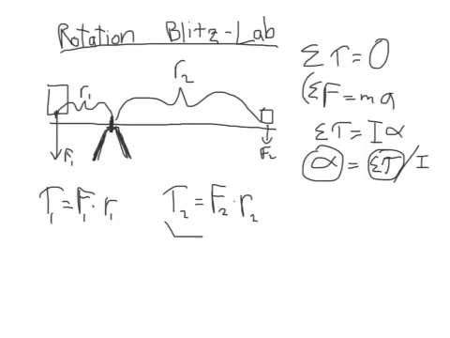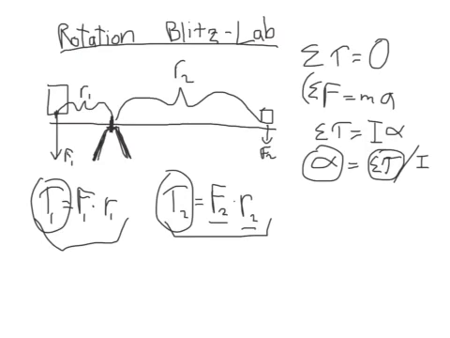So the second torque can be equal to the first torque because even though the force applied on the teeter-totter is smaller, you have to multiply by the much bigger moment arm. So because these two torques around the axis of rotation are equal, they cancel each other out, and you get the sum of all torques equals zero. We have static equilibrium in terms of rotation, rotational static equilibrium.